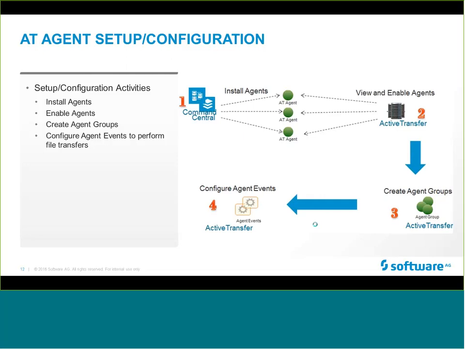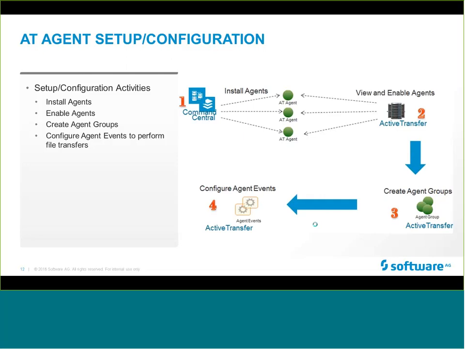Agent groups are required if you have common file transfer characteristics across a set of stores or a set of systems. You define an agent group, and then you define the transfer for that particular agent group, and that applies across all of the stores.